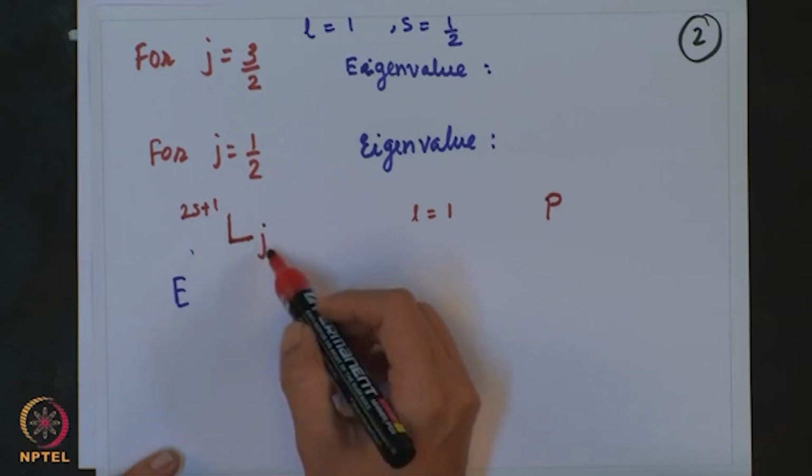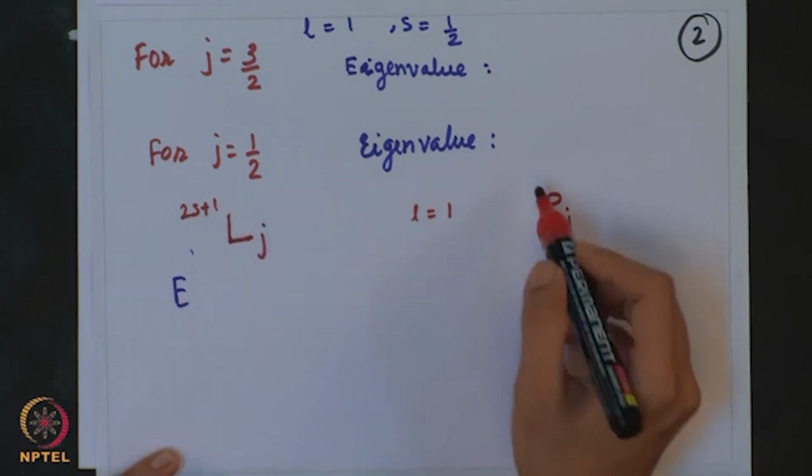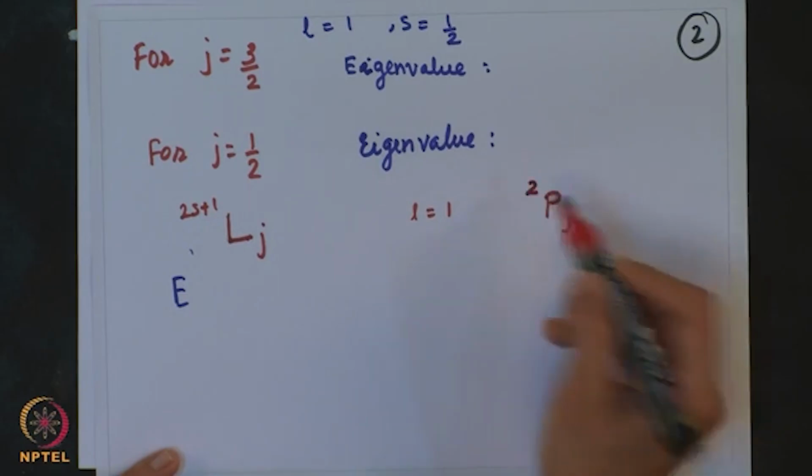Then for two different values of J, you will find out what is the J here, and 2S plus 1 in our case is 2, correct.